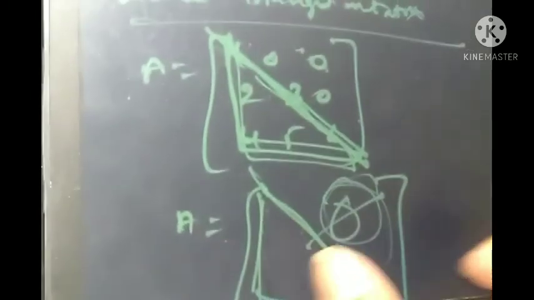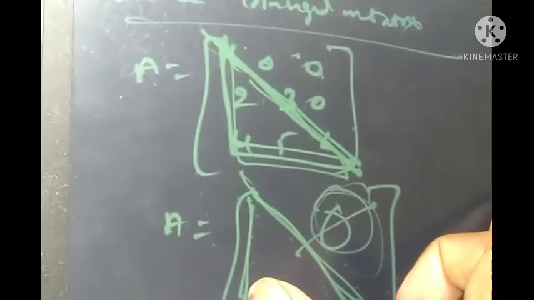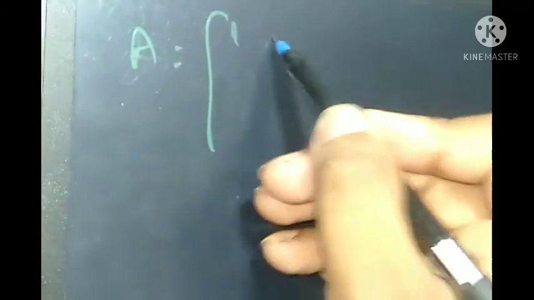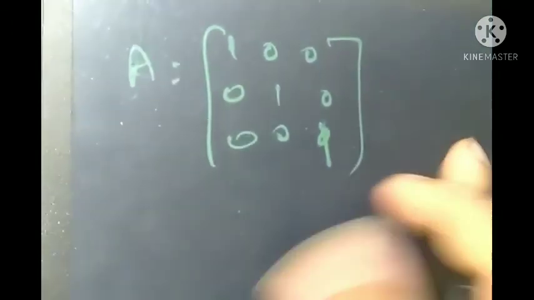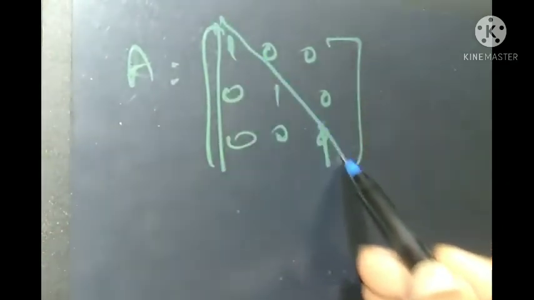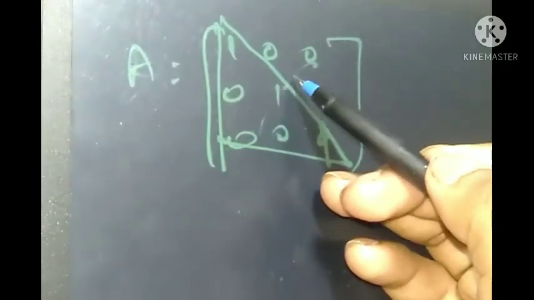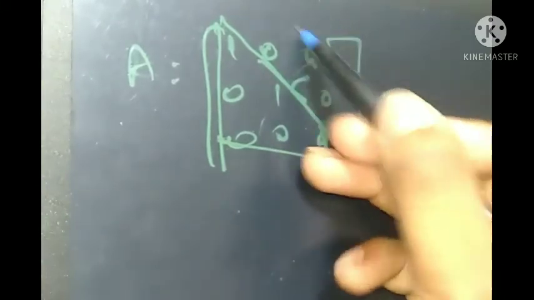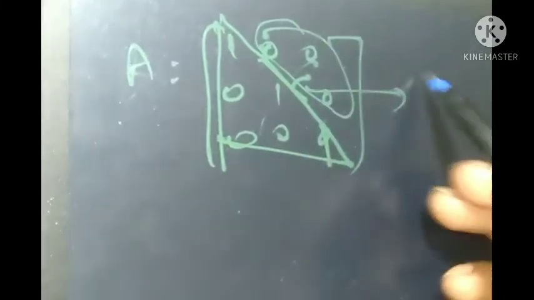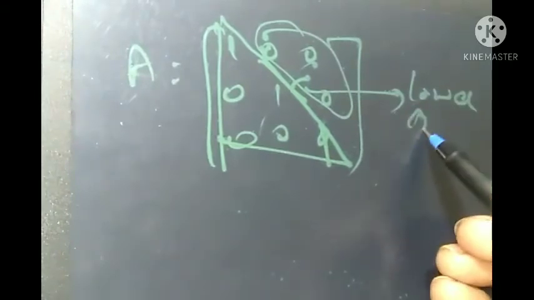This type of matrix we call a lower triangular matrix. And we consider 1 0 0, 0 1 0, 0 0 1. This is the identity matrix. Above the diagonal line all the entries are 0. That's why this is called a lower triangular matrix.